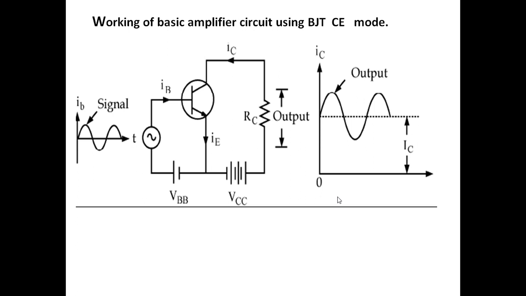In the previous semester subject, we discussed semiconductor devices, that is, the transistor. We discussed the different types of configurations, with respect to one terminal as common: common base, common emitter, common collector.